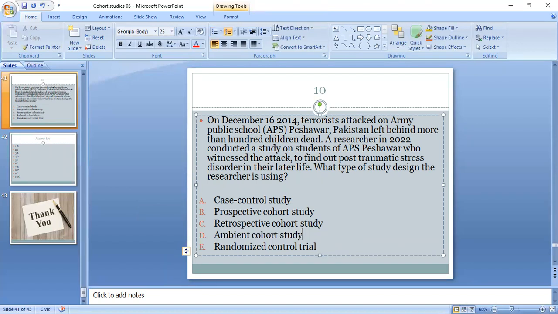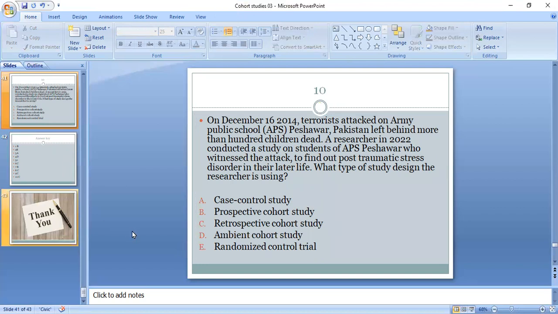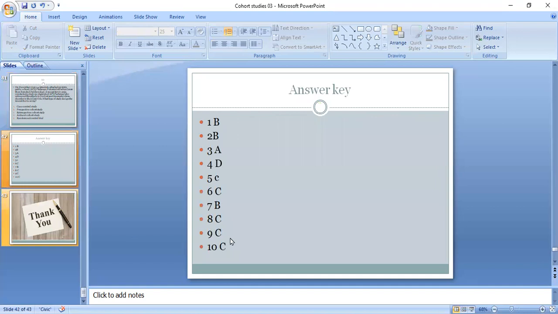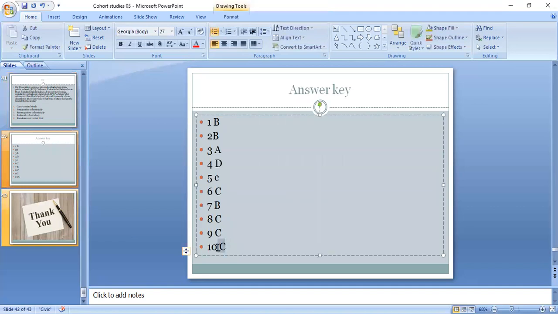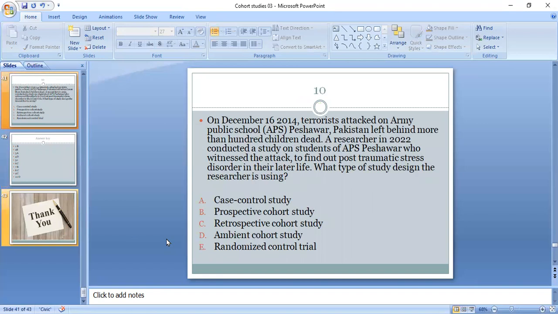They can be recruited, and they can be asked about their past experiences, etc. And that type of study is called a nested case control and cohort study. So another study design can also be used here, that all those who develop the post-traumatic stress disorder would be asked about their experiences and about their victimization and the attack.